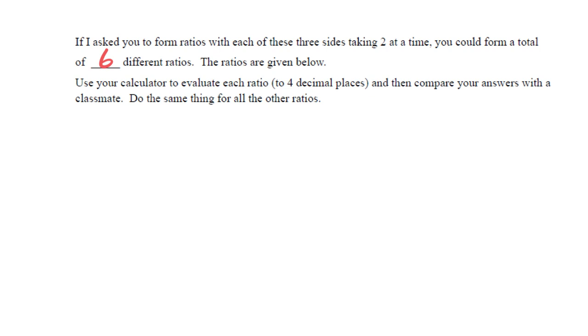I want you to round it. We're going to do some rounding to 4 decimal places. And then what I want you to do is compare your answers with a classmate. Do the same thing for all the other ratios. Now, if you're sitting at home doing this video and you don't have a classmate to compare it to, well, then you're going to compare it to me. And we're going to see how well we match up. I want you to be able to work through those 6 ratios.